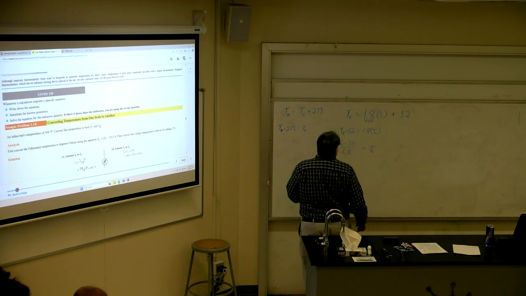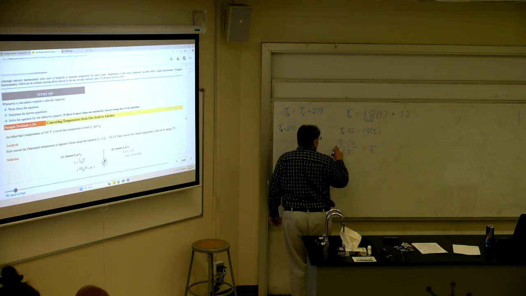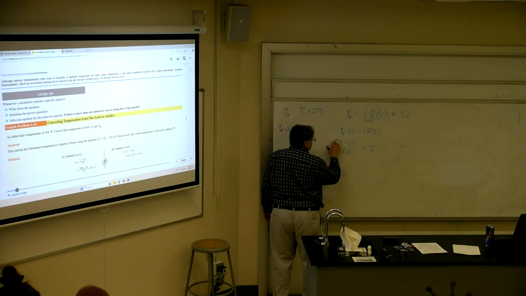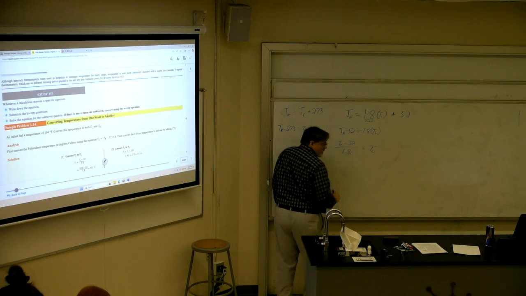104 degrees Fahrenheit, convert this to C and K. So we have Fahrenheit, so we want to use this so we can solve for Celsius.